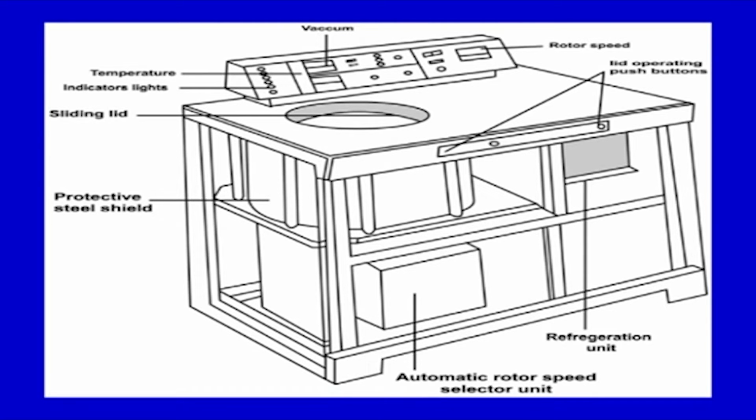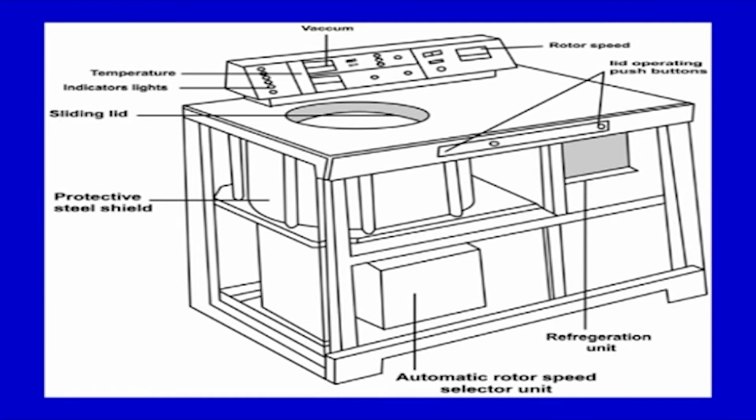Then there is an automatic rotor speed selection unit, a protective steel shielding, a sliding lid, and a refrigeration unit. A typical ultracentrifuge might look like this.